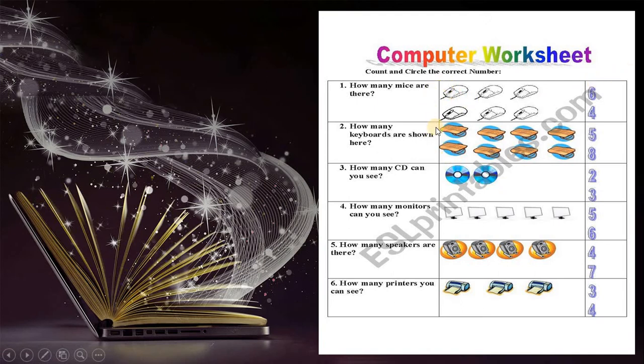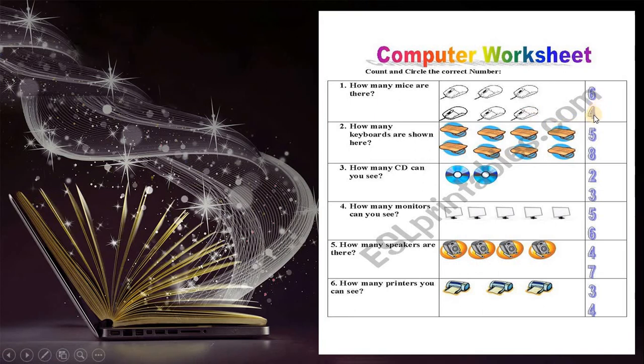Tell me, count the mouse. Come on, let's start counting. Here you can improve your mathematics also. So counting begins from here. 1, 2, 3, 4, 5, 6. So which number?